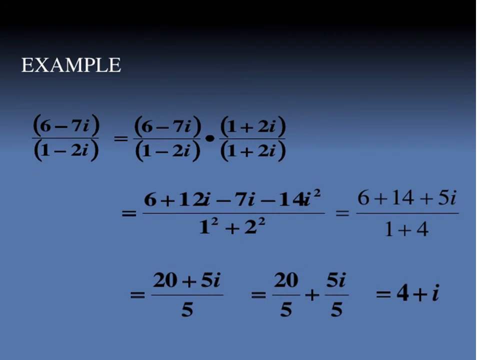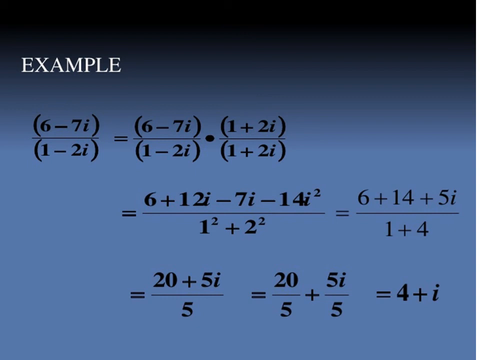Let us see, students, how to divide two complex numbers. Let us take the first complex number in the numerator, that is 6 minus 7i divided by 1 minus 2i. What will we do first? Take the complex conjugate of the denominator.